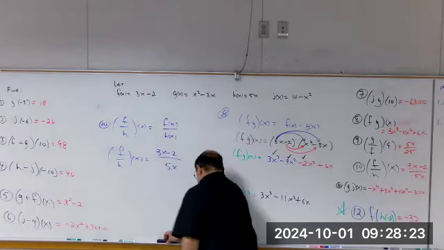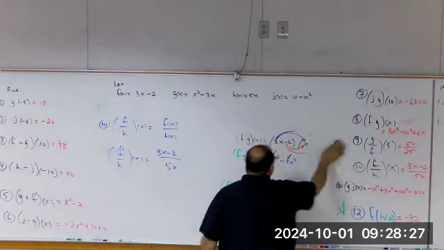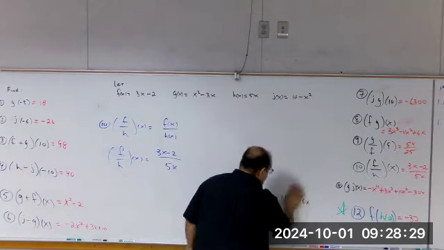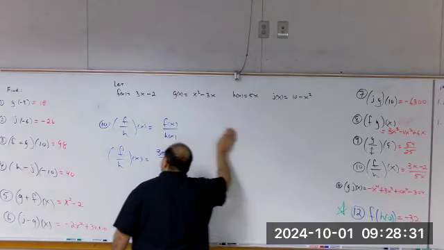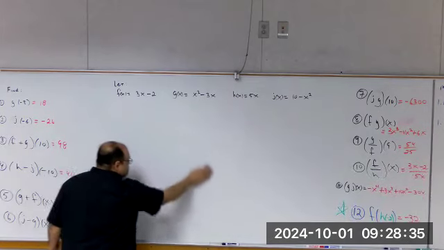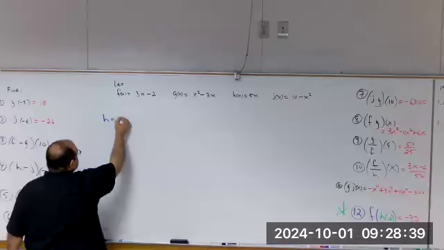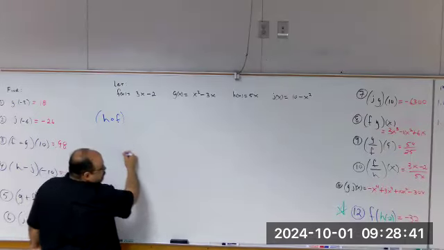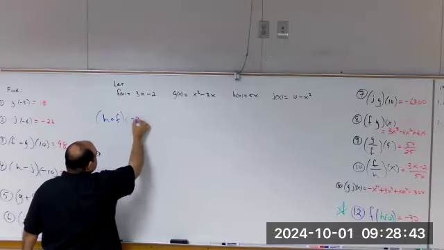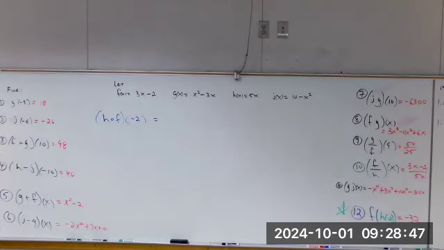Well, so 12 is the new one. 12 is what we're gonna finish up with in 1.6 today. 12 would actually be written like this. That's how 12 would actually be written.